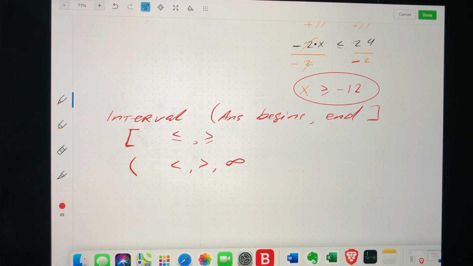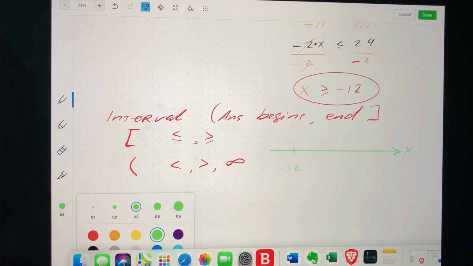So in our interval notation, here is the visual diagram. This is our x-axis, and somewhere there is x negative 12. And greater or equal to negative 12 is everything to the right of negative 12. So it's all of this space here.